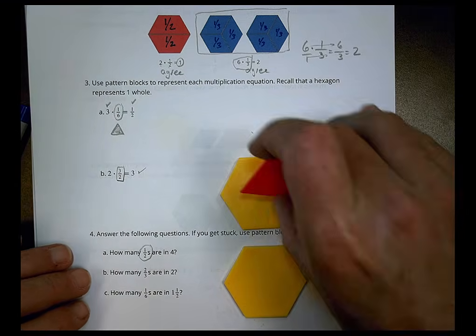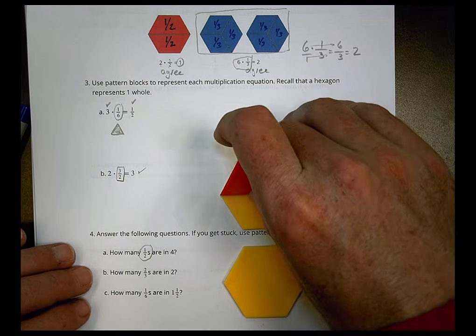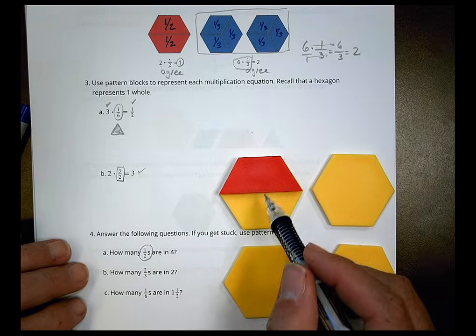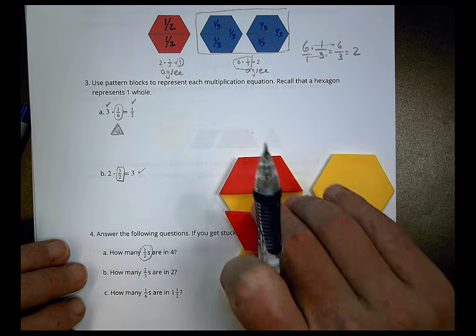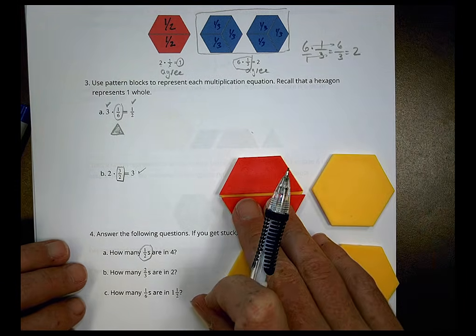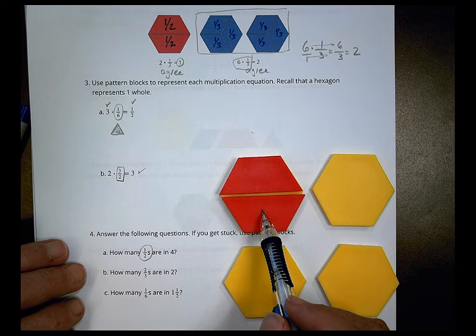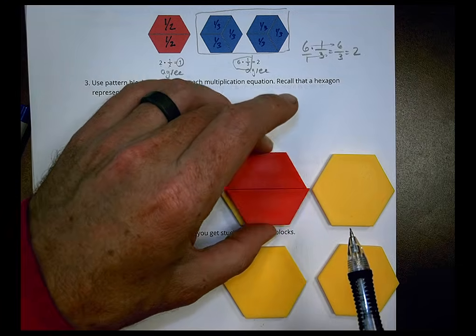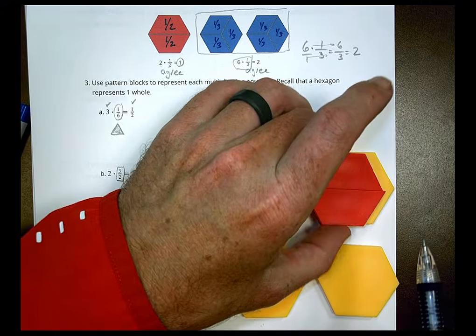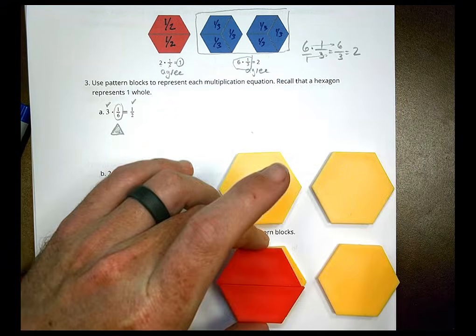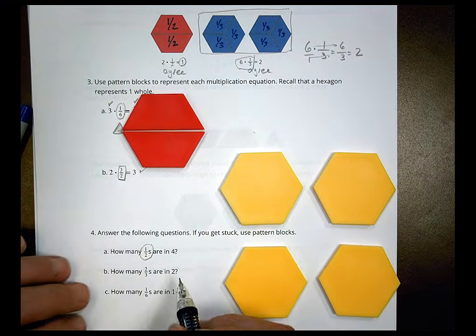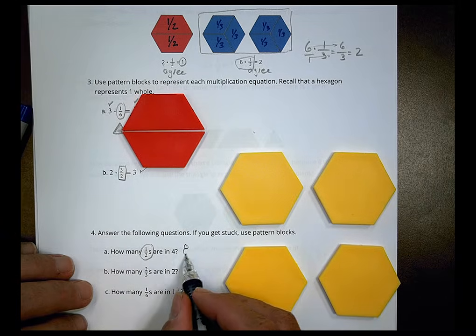Well, a half is the trapezoid. So I end up with 1, and I end up with 2 for each one, right? So I'd have 1, 2, and if I copy this over, I'd have 3, 4, 5, 6, 7, 8. So how many halves are in 4? We would say that there are 8.